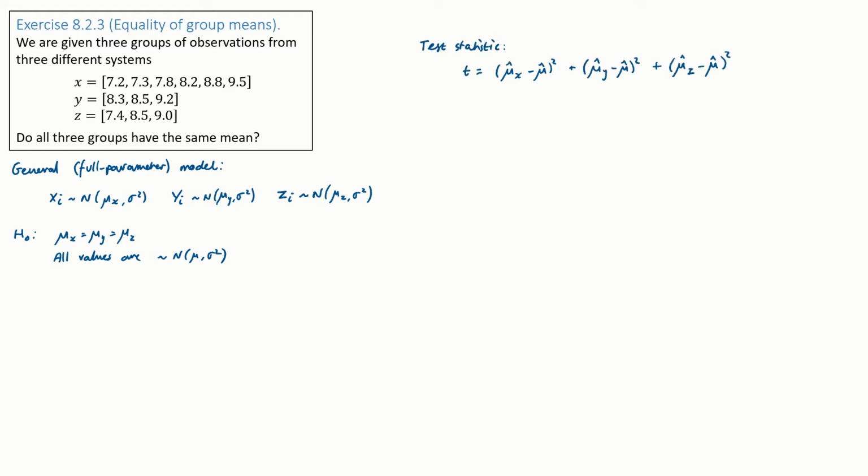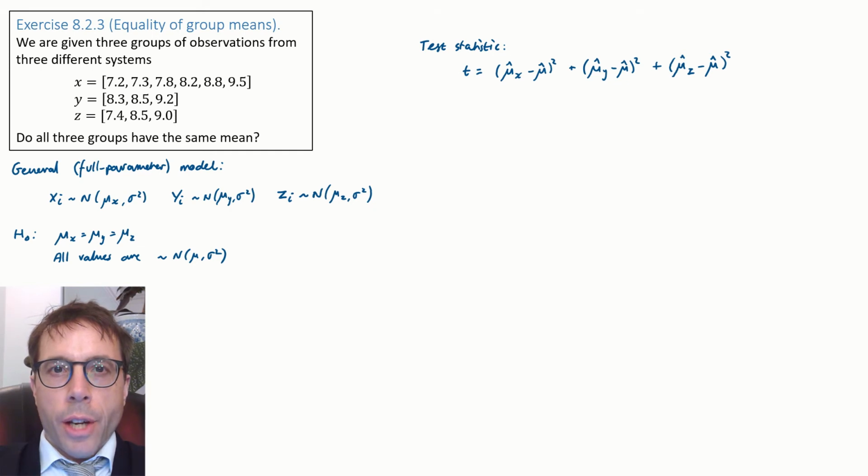Next, the bit that takes a creative leap, inventing a test statistic. Here's one that I invented out of thin air. I'm going to measure this test statistic here. Let's look at the first term. First term measures the difference between mu hat x and mu hat. In other words, the difference between the mean of the x readings and the mean of the whole lot.